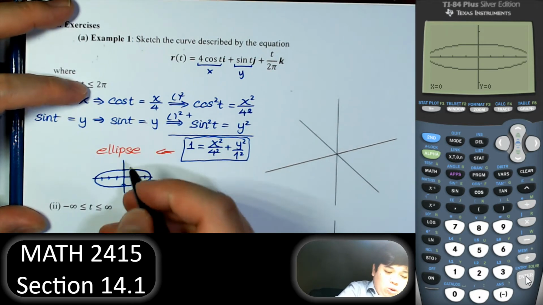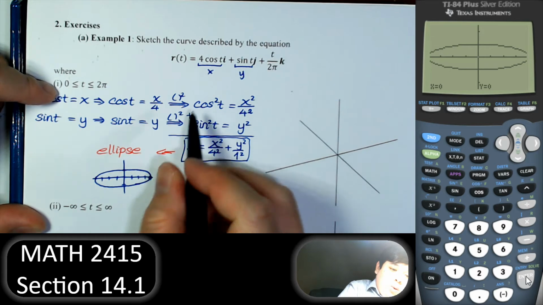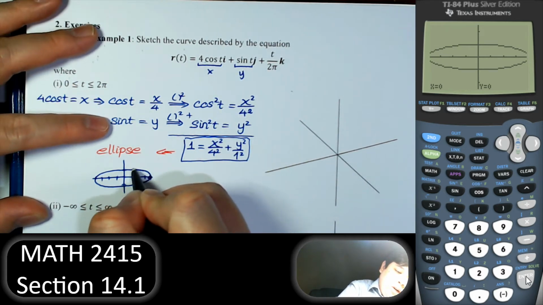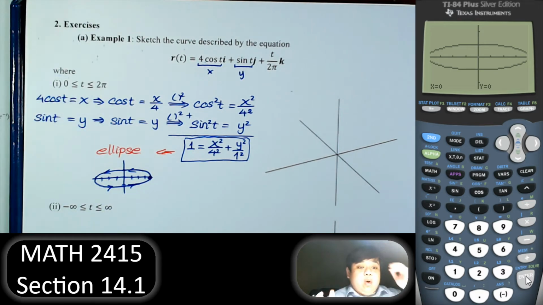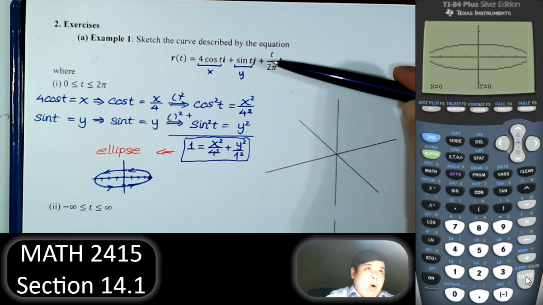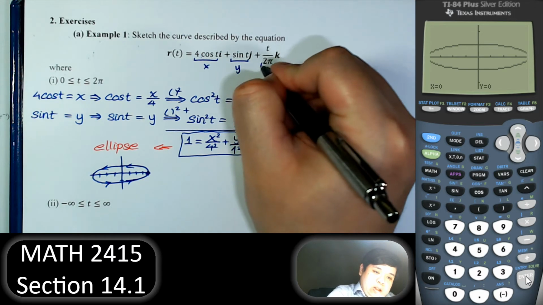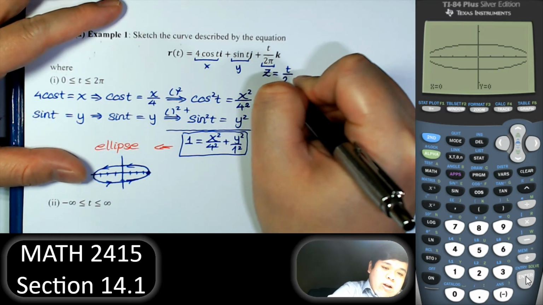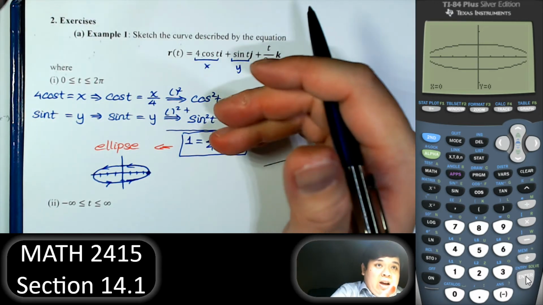From 0 to 2 pi, when t equals 0, we have 4 and 0. So we start here and then go in that direction, if that is only x and y. However, we have z equal to t over 2 pi, meaning that the bigger the values of t, the bigger the values of z.